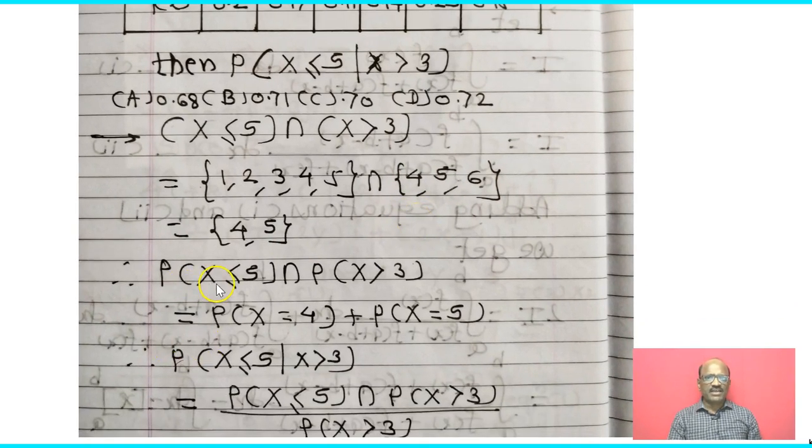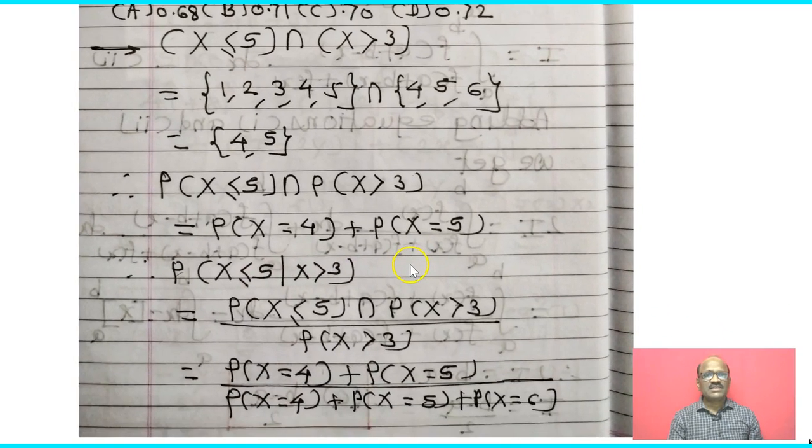Therefore the probability of X less than or equal to 5 intersection with X greater than 3 equals P of 4 plus P of 5. And therefore the probability of X less than or equal to 5 conditionally X greater than 3 is the probability of X less than or equal to 5 intersection X greater than 3 upon P of X greater than 3.